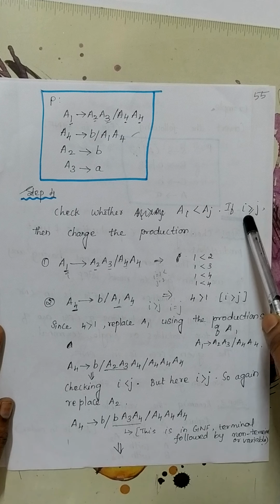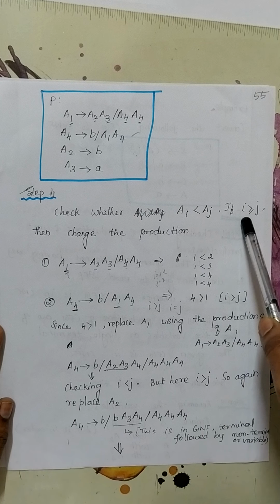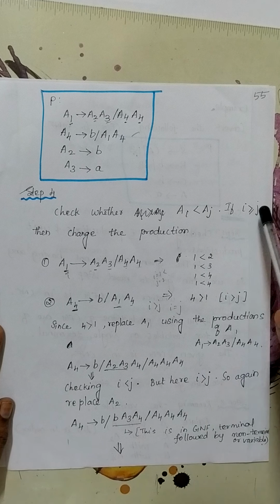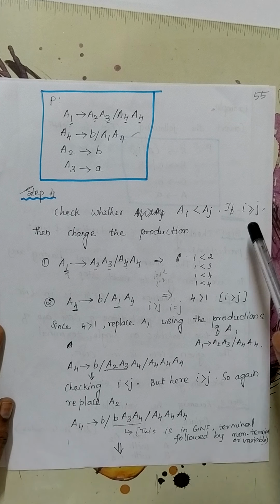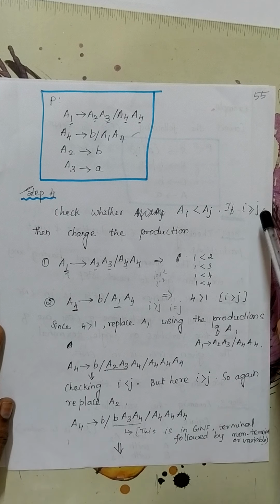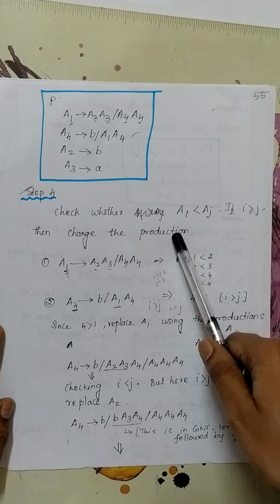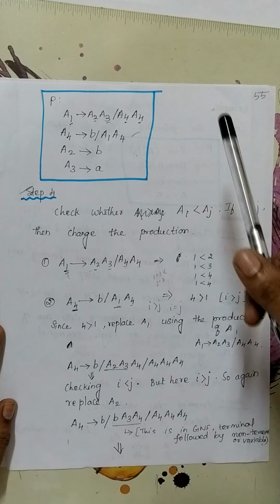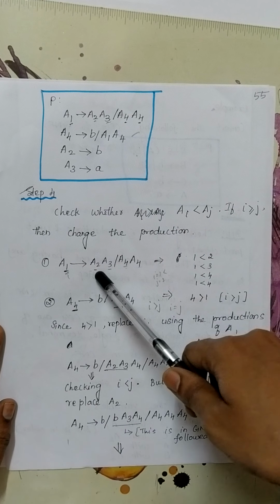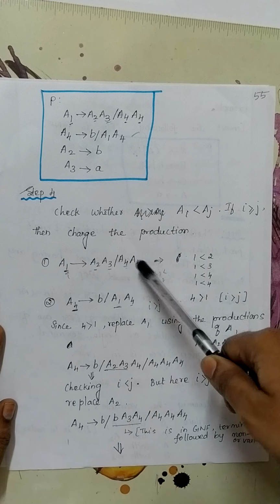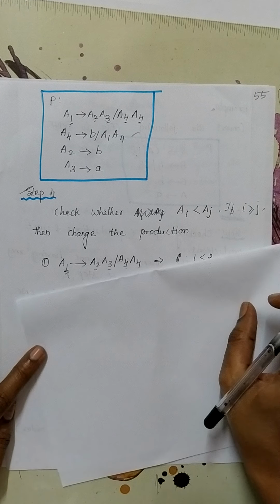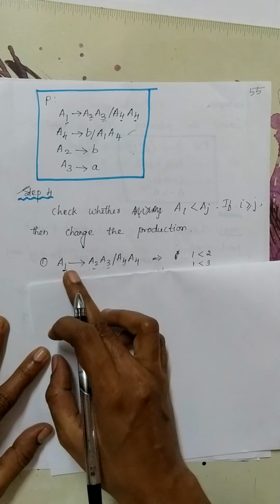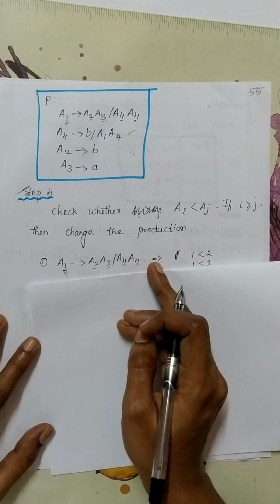If i is greater than j, we change the productions, and if i equals j, left recursion occurs there, so we also have to eliminate the left recursion. Now we are going to do the fourth step. First I am taking the first production, that is A1 gives A2 A3 or A4 A4.